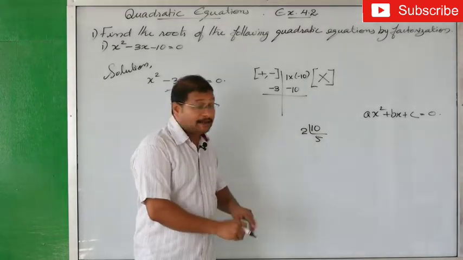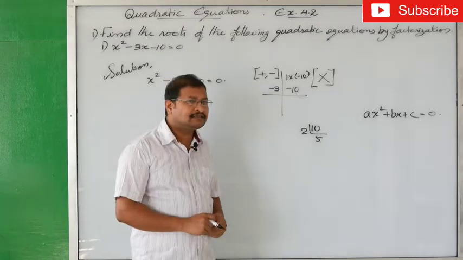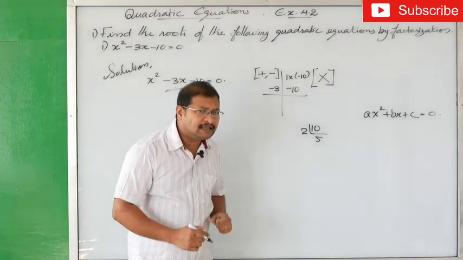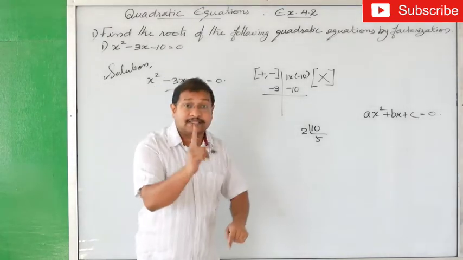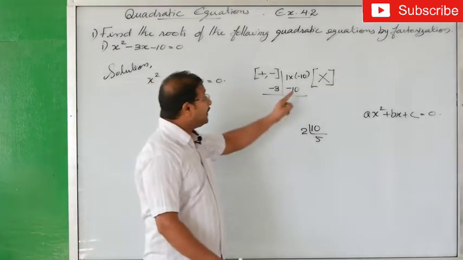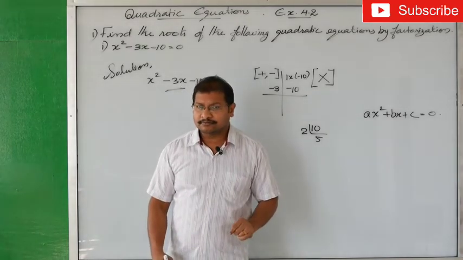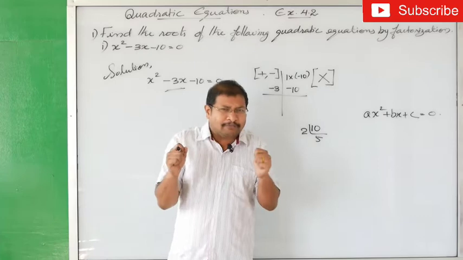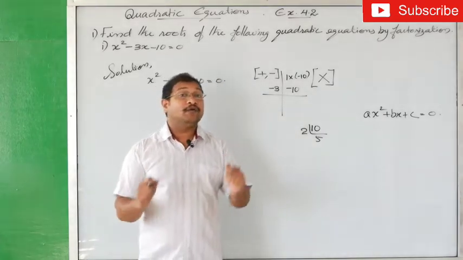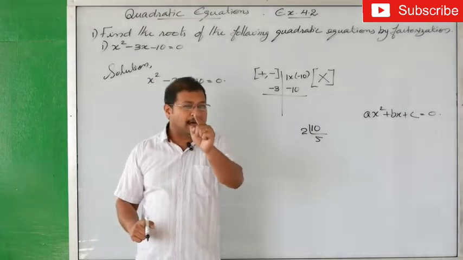Now, in the multiplication place, if you want to get minus, plus into minus or minus into plus is minus. That means one of the numbers should be minus. If you take two numbers while multiplying and want to get minus, one of the numbers should be minus.